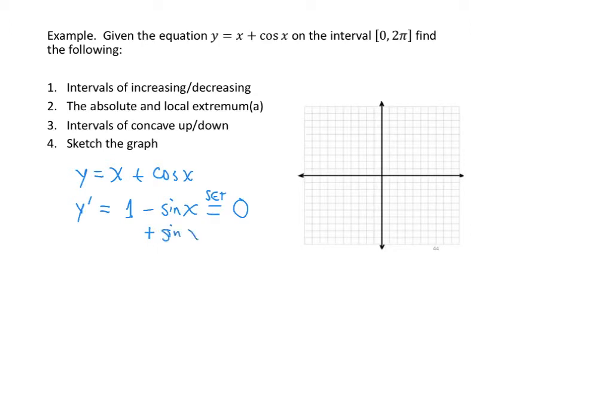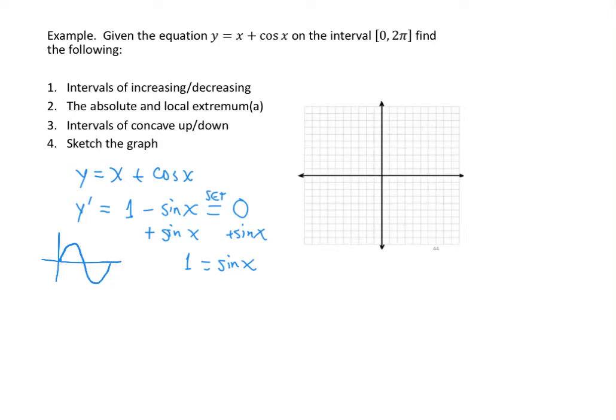If I add sine x to both sides, I get 1 equals sine x. Where in the interval 0 to 2 pi is sine x equal to 1? Well, again, we can remind ourselves with a quick graph of the sine function.